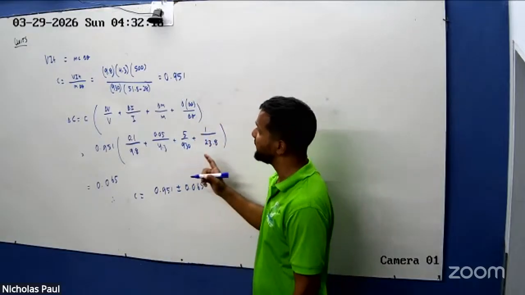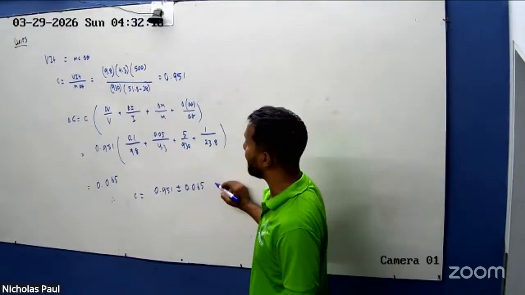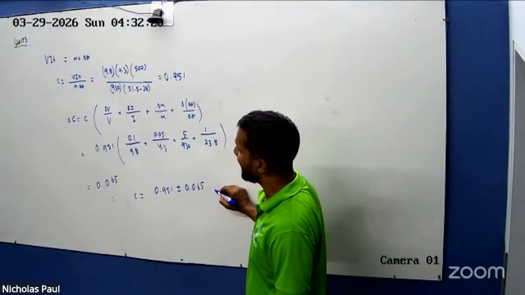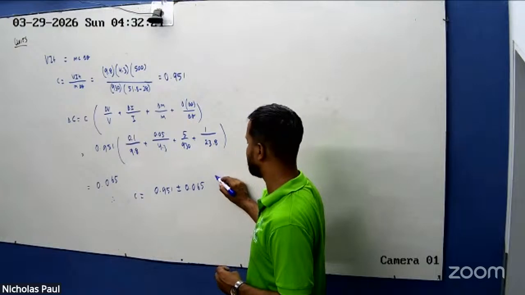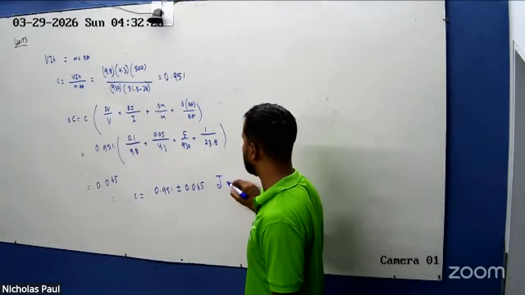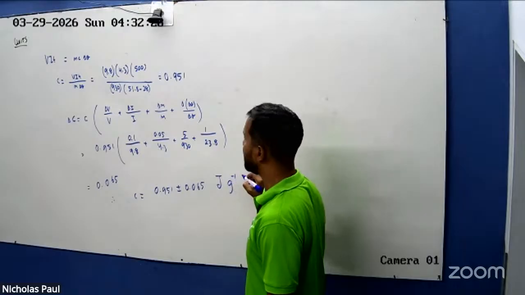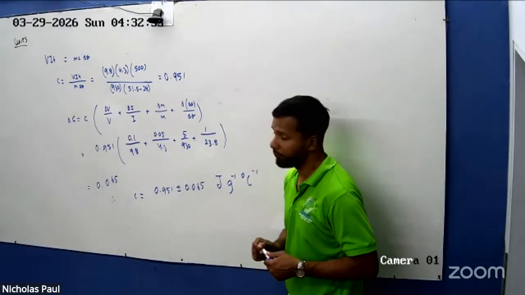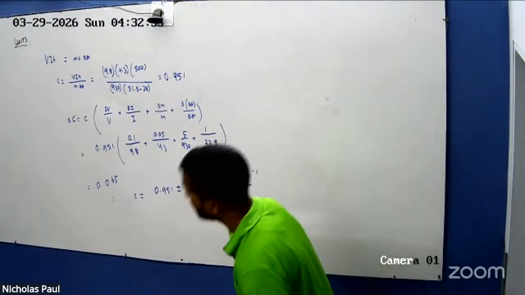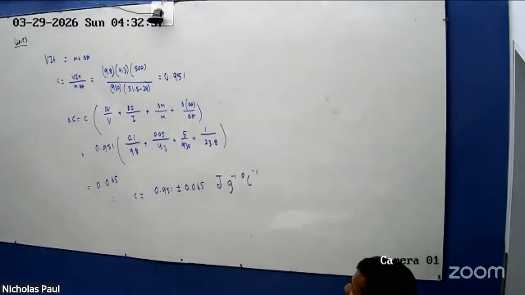The unit will be VIT, that will be joules per gram per degree Celsius in this case. Okay.